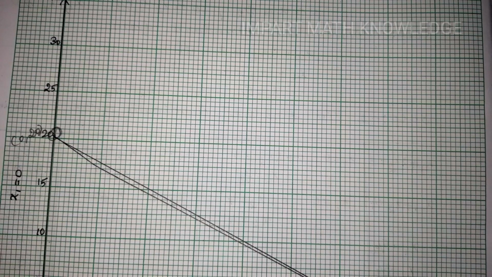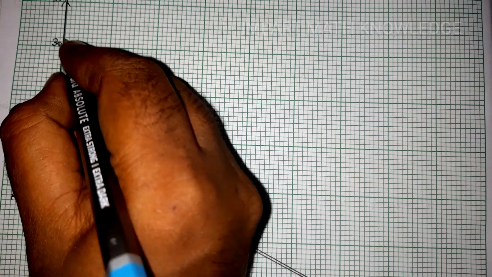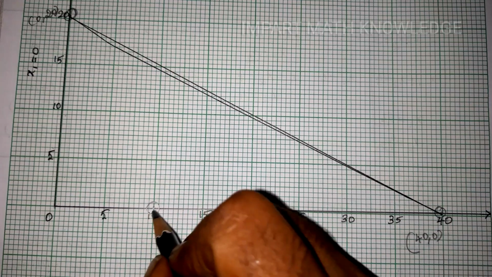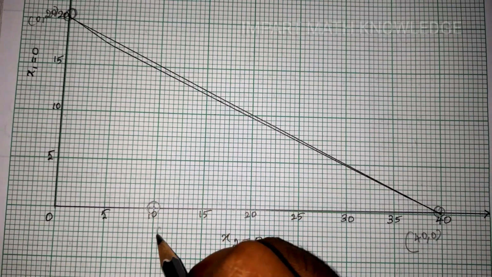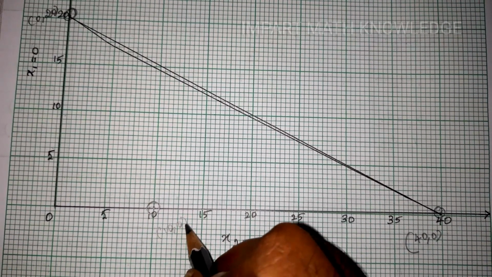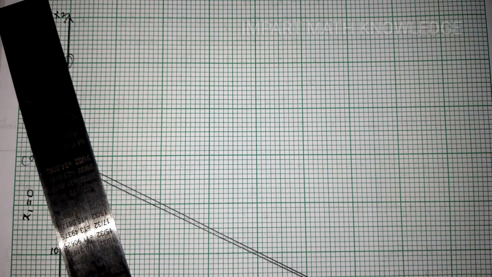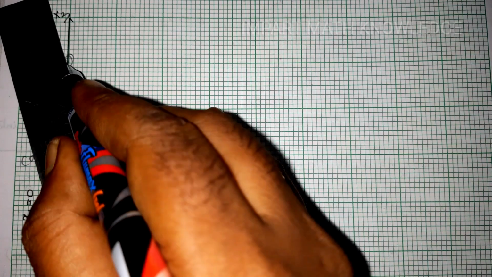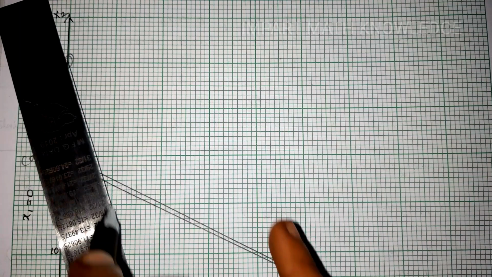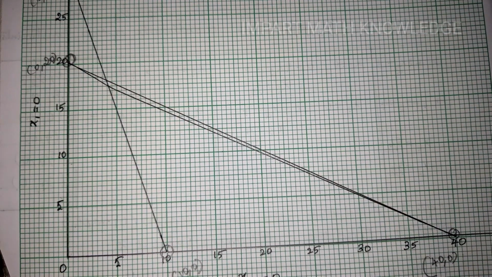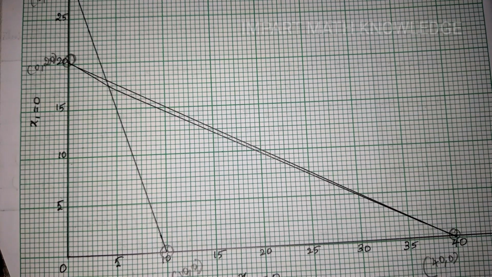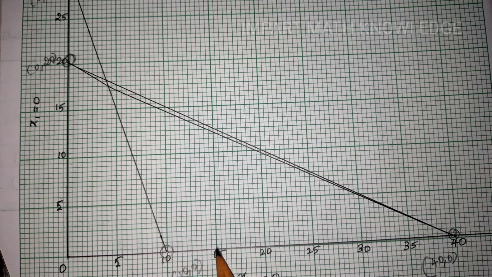Now for the second condition, the coordinate is 0, 30. Another point is 10, 0. Now connect these 2 points by a straight line. The third condition is 0, 20 and 15, 0.